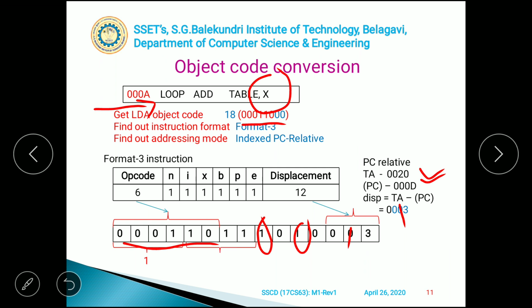This is 1 and the next 4 bits are B, then A, and instead of 003 it should be 013, so that your final code is 1BA013. So this is for the instruction LOOP ADD TABLE X.